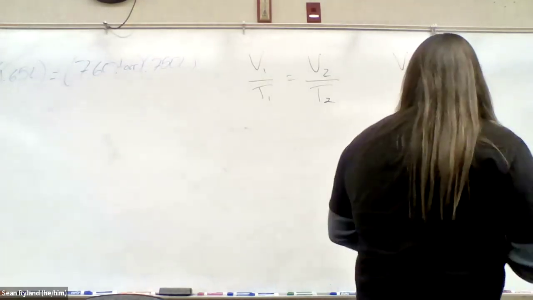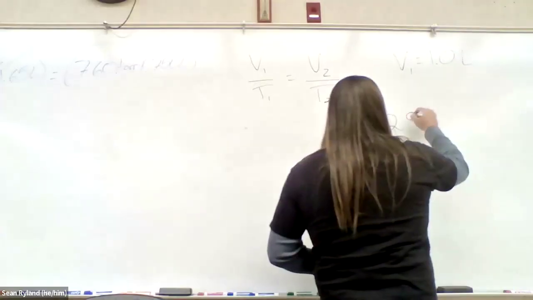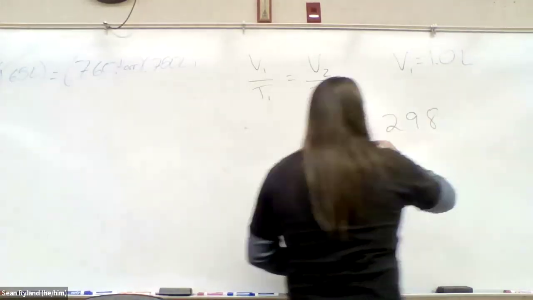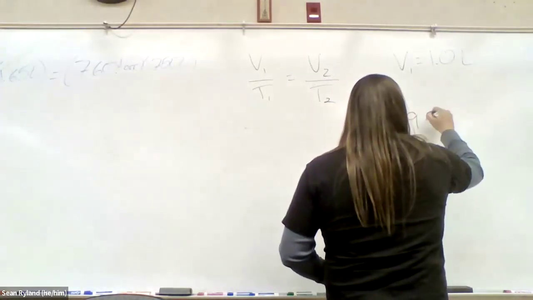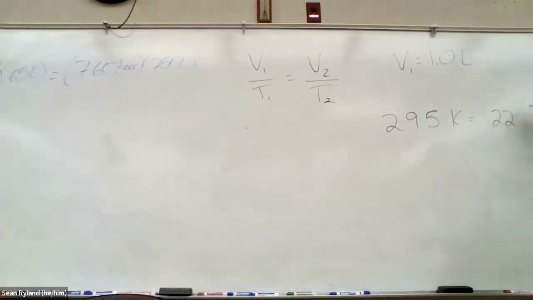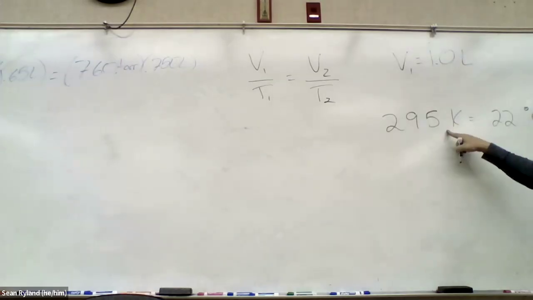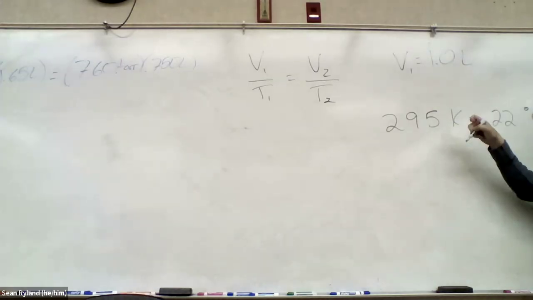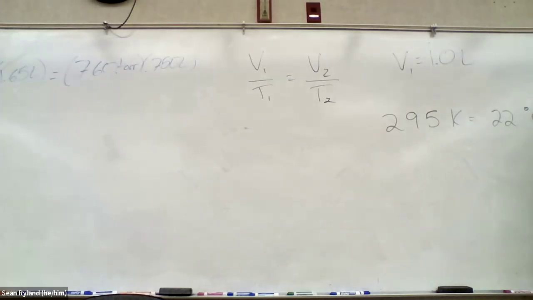It's a small nitpicky note. 295 Kelvin was equal to 22 degrees Celsius. Technically, we don't write degrees Kelvin. The degree symbol means that you took an established distance and you chopped it up evenly into a certain number of points.